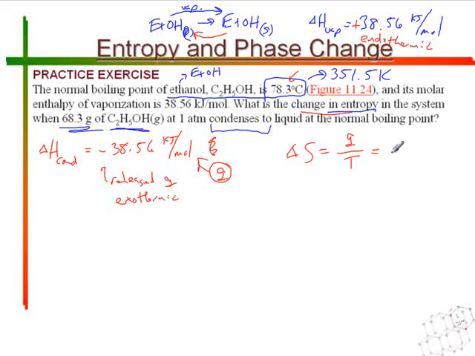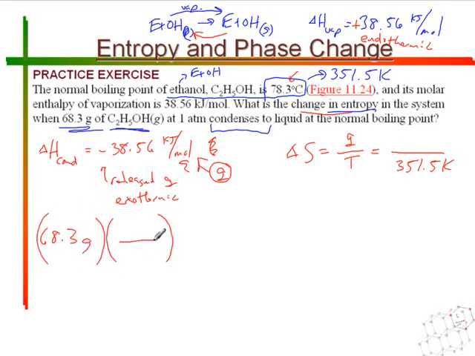So we actually have 351.5 Kelvin. There is a difference between heat here and the enthalpy change there. The enthalpy change is describing that for 1 mole. Well, we don't know if we have 1 mole.